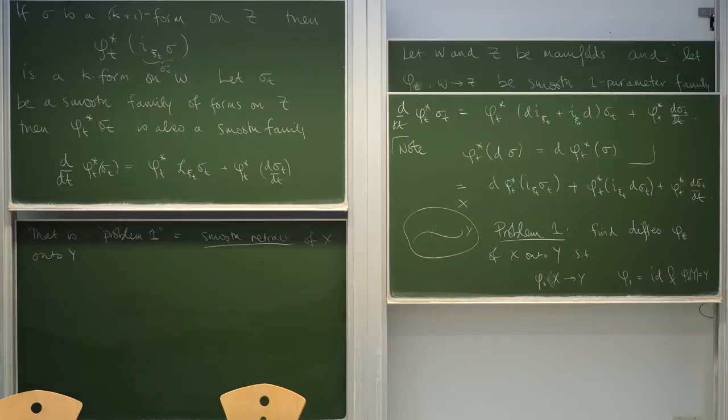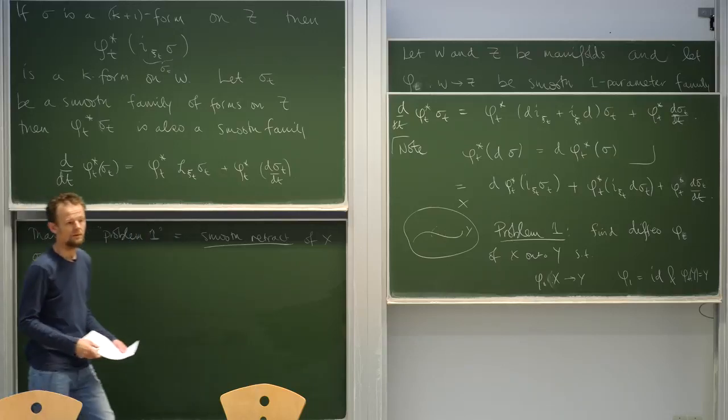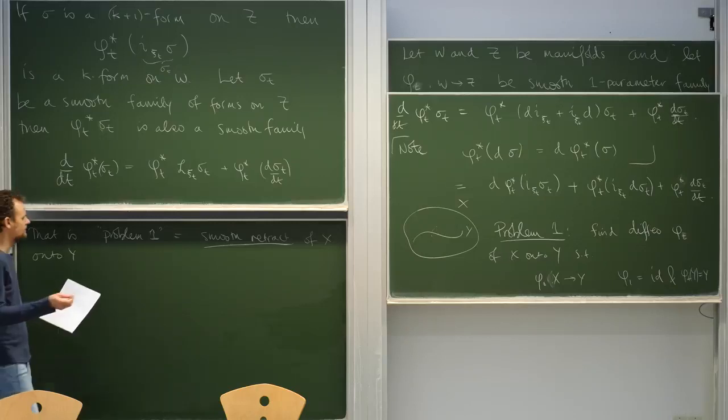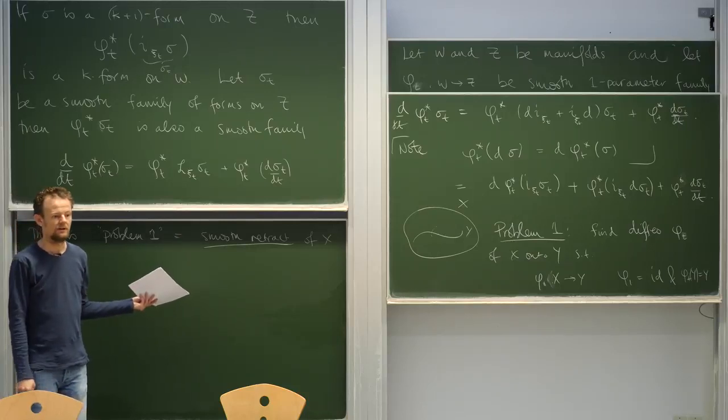So that's the first difficulty we have to overcome, finding some map that extends outside of y. Now this I won't at all address in this argument. I'm not going to prove that that's possible.